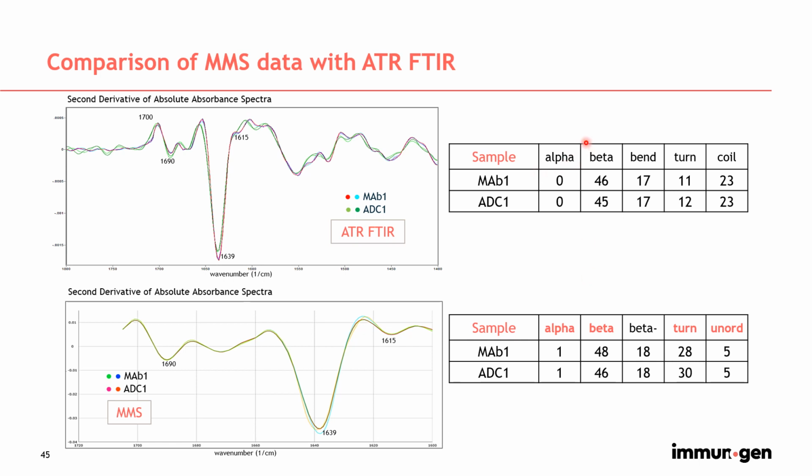Also, the methods for curve fitting and the parameters used for peak assignments between these two were not completely harmonized, which could have resulted in the slight differences in the minor components, although the overall absolute and second derivative spectra looked very comparable between the two techniques.